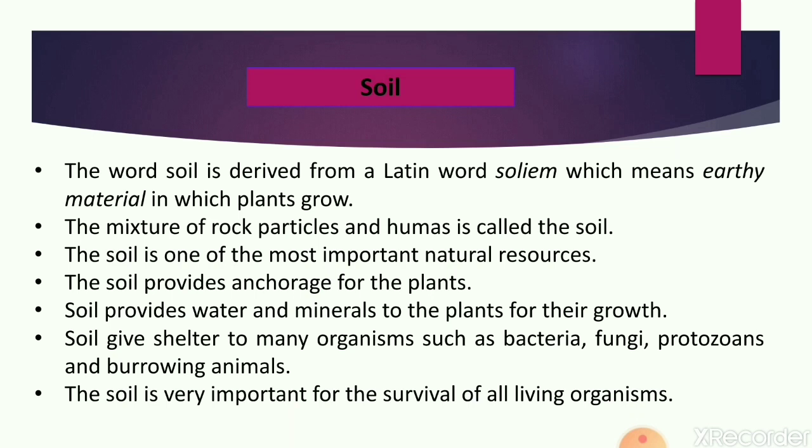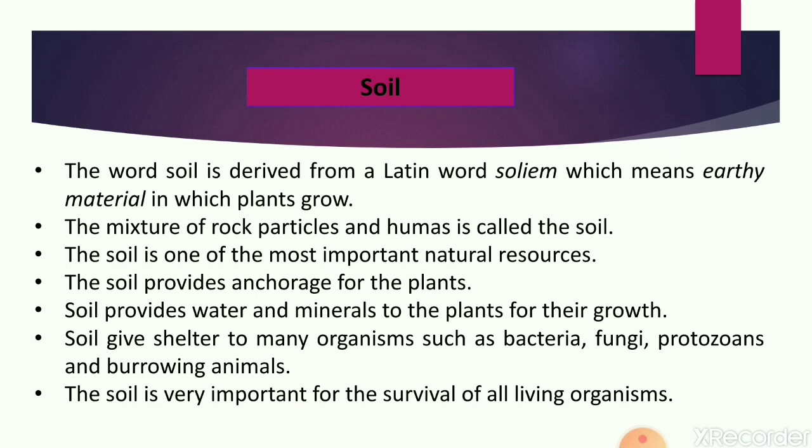We also know that soil is one of the most important natural resources. The natural resources that we get from nature, as water, just like water, soil is also one of the most important natural resources. And this word soil is made up of a Latin word, that is solium.